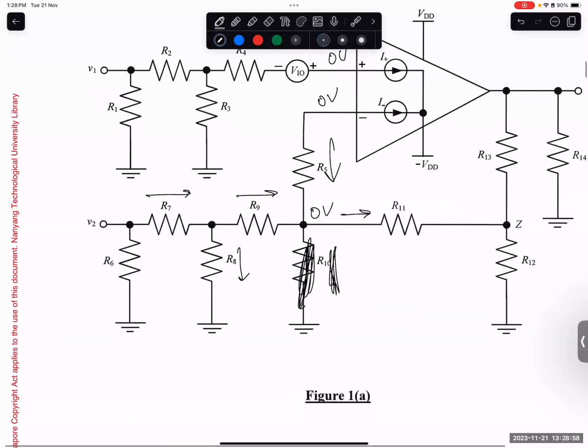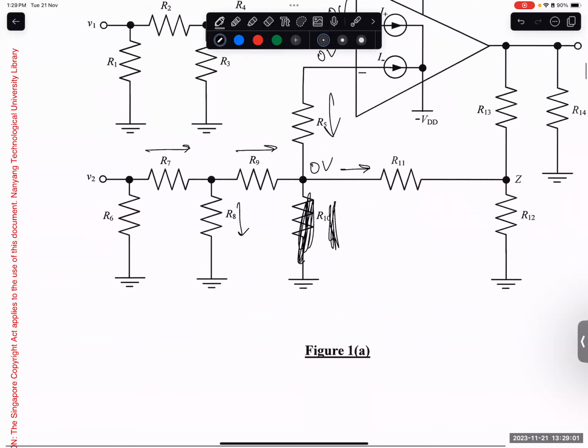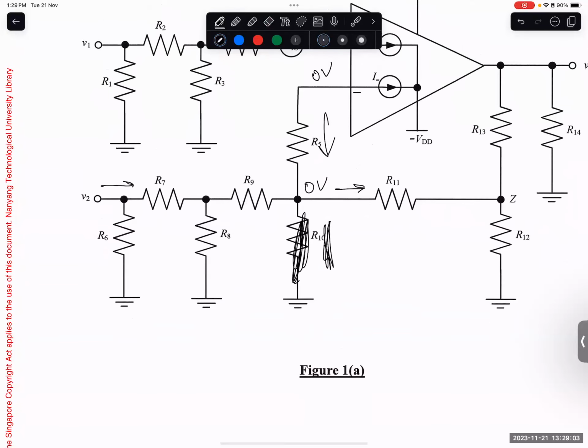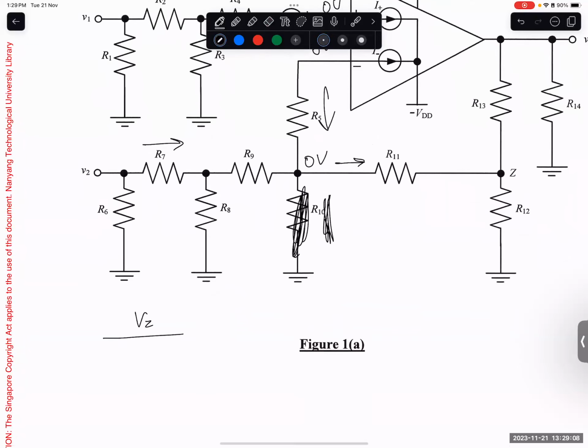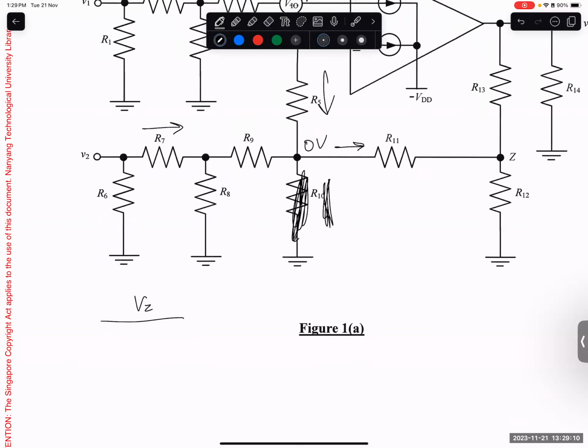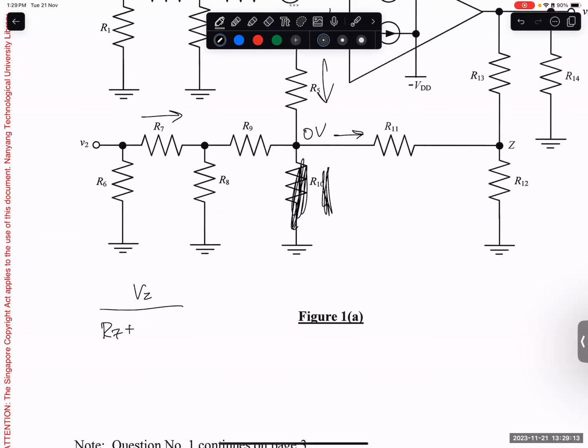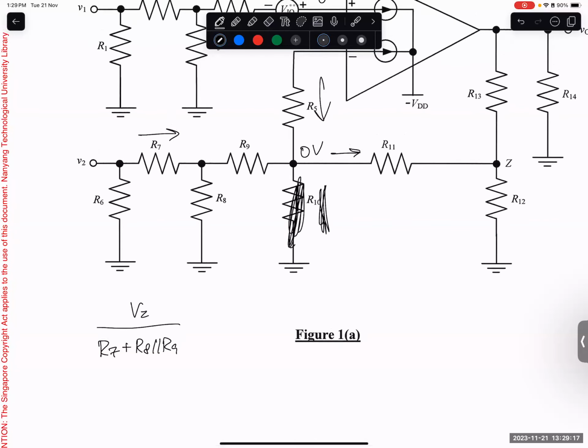In this case, we calculate the total current through R7 first. So what we do is V2 divided by R7 plus R8 parallel R9. So it's V2 multiplied by this one. Then we want to obtain the current through R9, so we put R8 on top. Done. So now we got the current here already.